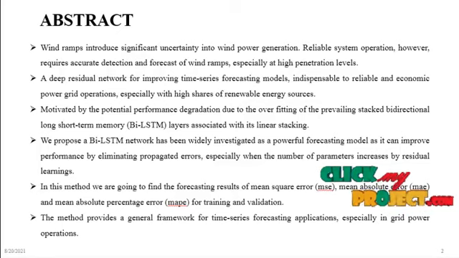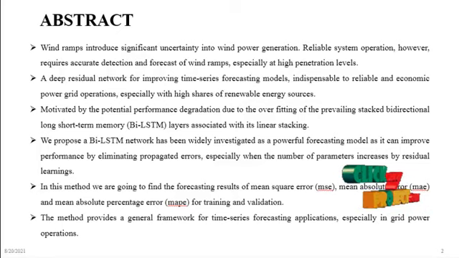In this method, we are going to find the forecasting results of mean square error, mean absolute error, and mean absolute percentage error for training and validation. The method provides a good framework for time series forecasting applications, especially in grid power operations.